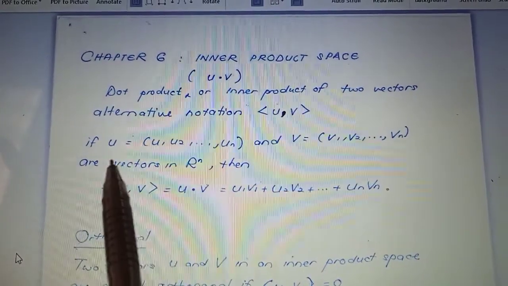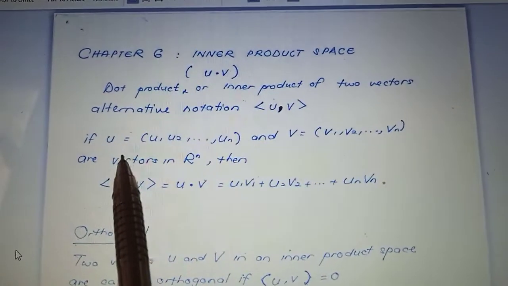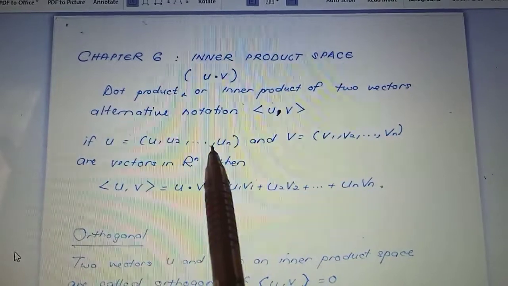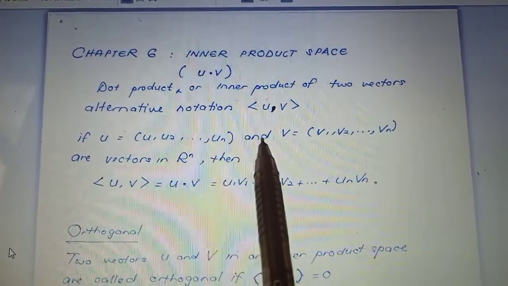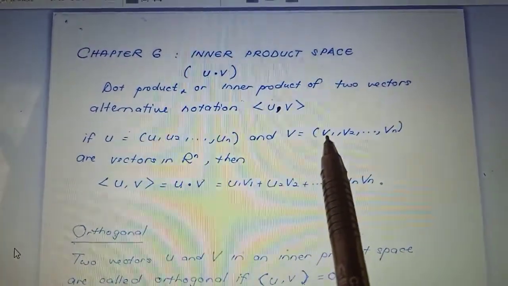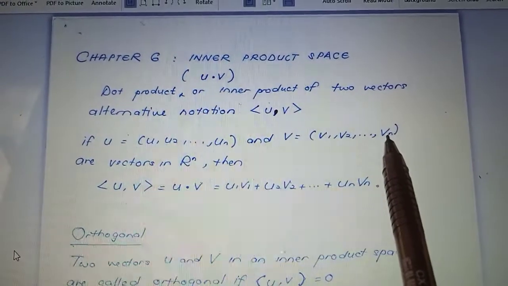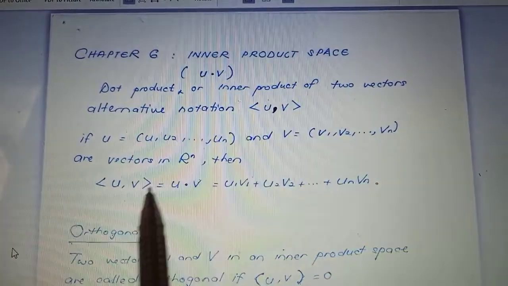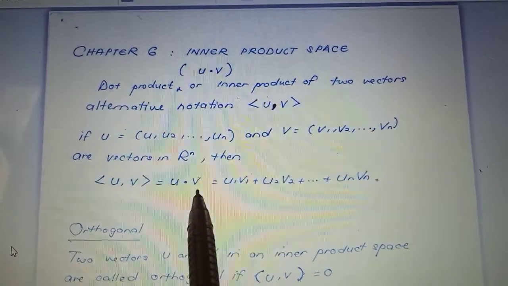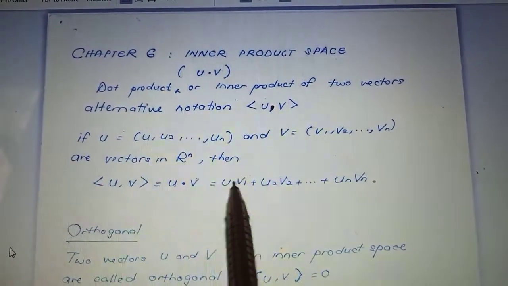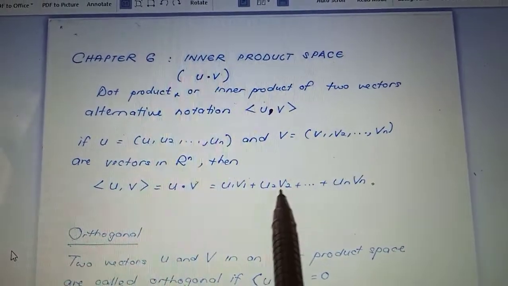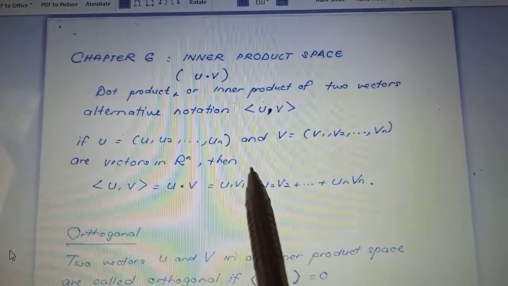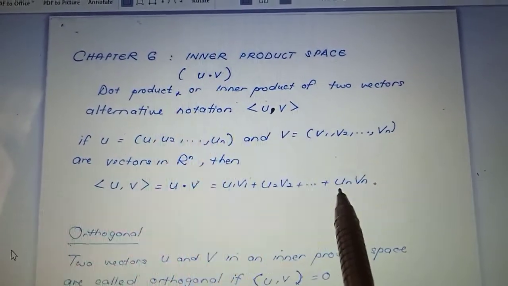Now if u is a vector in n dimensions with these components, and v is given by these components, n-dimension vectors in space n, then the inner product u dot v is given by u1 v1 plus u2 v2 plus dot dot dot until un vn, same as the dot product notation.